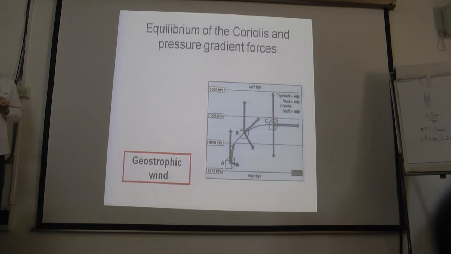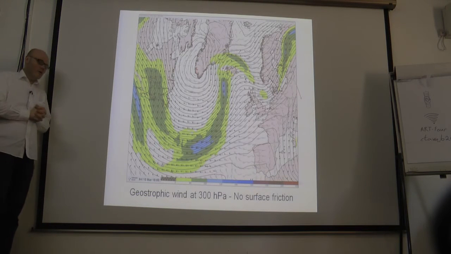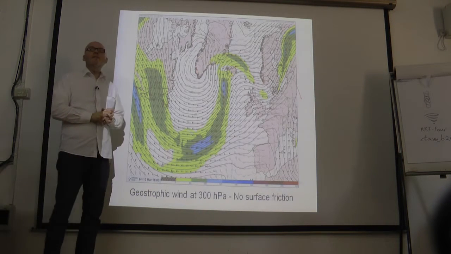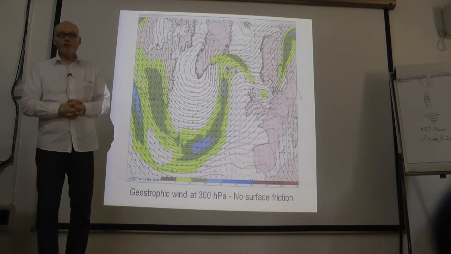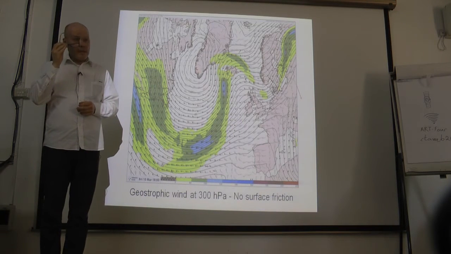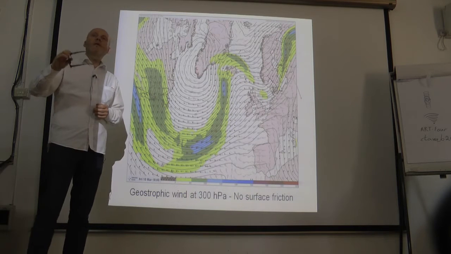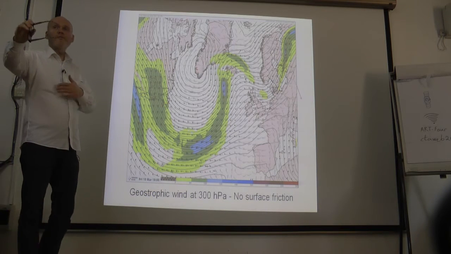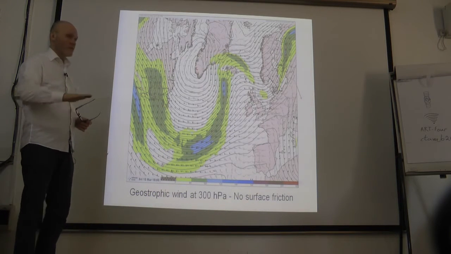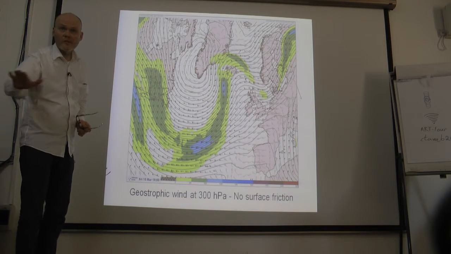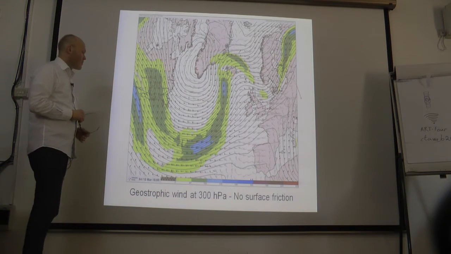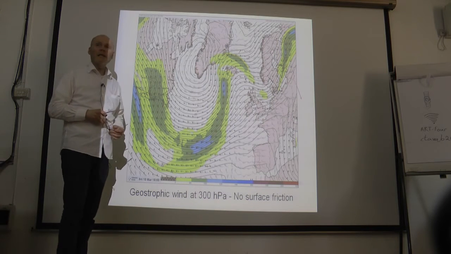And the most commonly used balance in meteorology, of course mainly in the mid-latitudes, but also when you go a little bit away from the equator, where the horizontal part of the Coriolis force is 0, is of course the geostrophic balance.